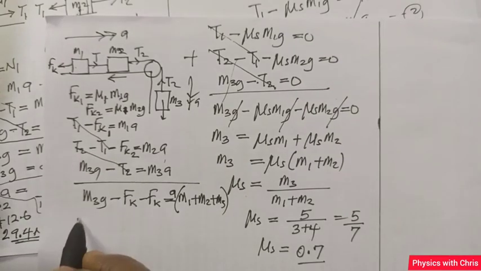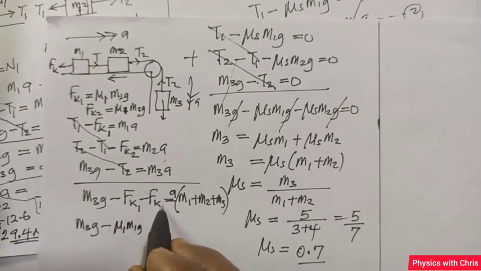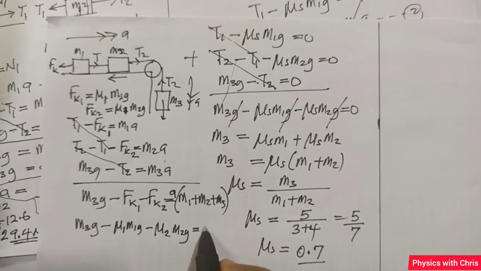I have my M3G minus mu1 M1G, that is my Fk1, minus mu2 M2G, is equal to my acceleration A into M1 plus M2 plus M3.